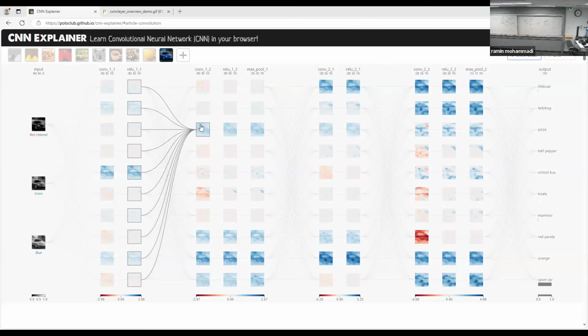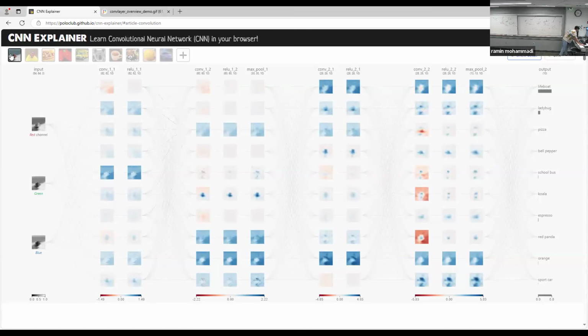And as you can see, this actually, let's see if you can zoom in here. Maybe if we pick something. Maybe, yeah. So as you can see here, every kernel output, the activation map, is technically learning something different.